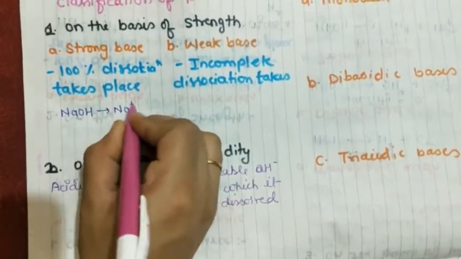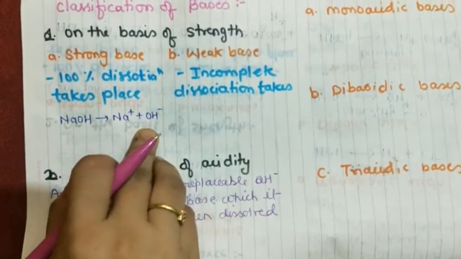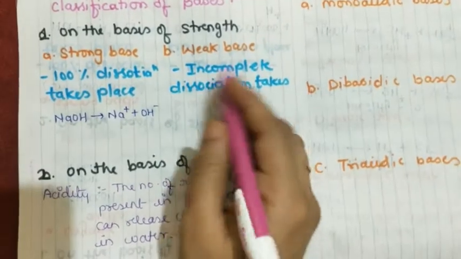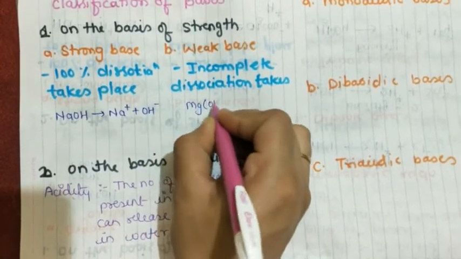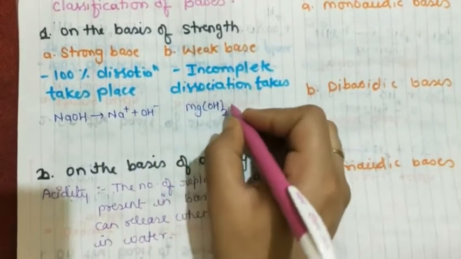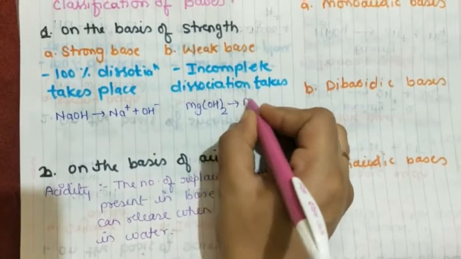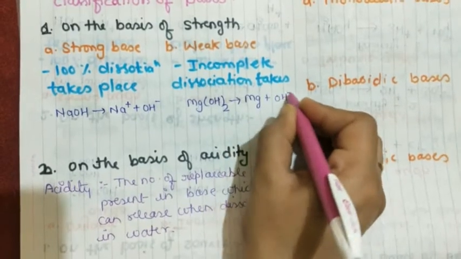Why? Because it dissociates the hydroxyl ion completely from the base. But magnesium hydroxide is considered a weak base. Why? Because there is not a complete dissociation of hydroxide ion from the base.